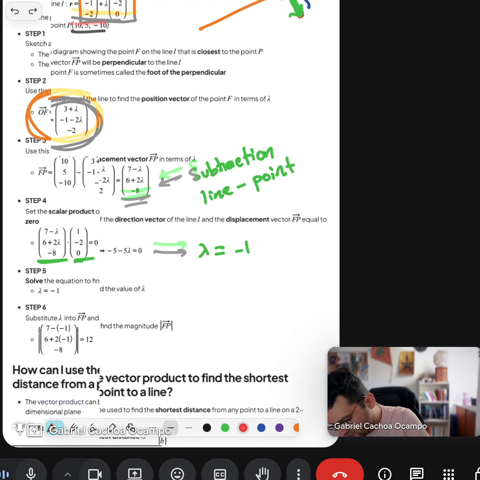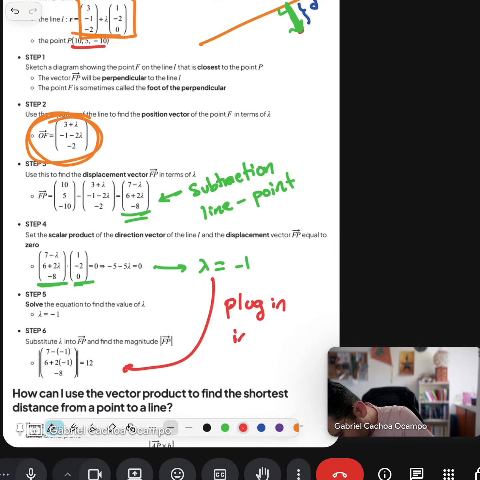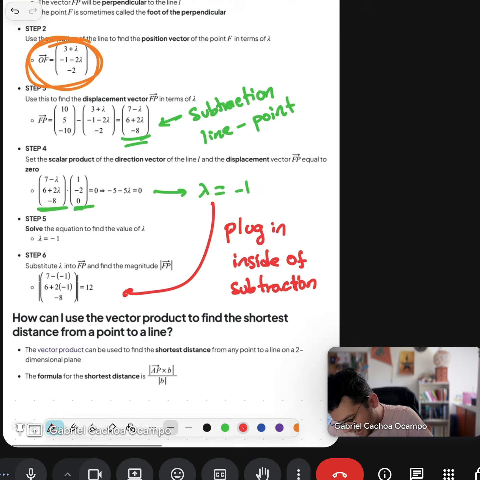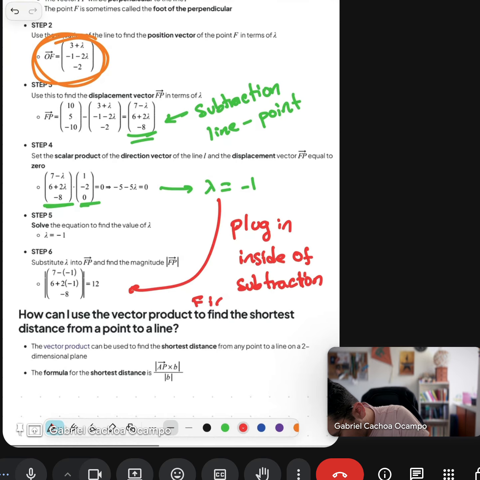Once you have found lambda, you just plug it into the subtraction. And because you want the distance, you need to find the magnitude, no?